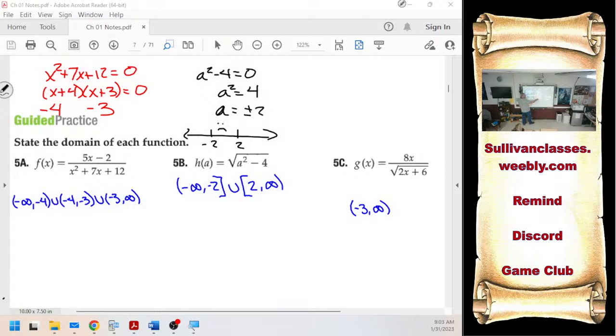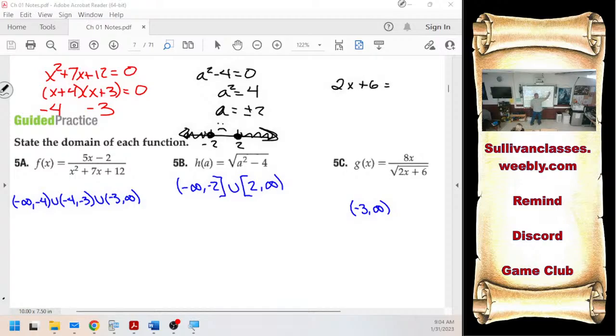If I plug plus or minus 2 themselves in, it does work. I can take square root of 0. So those are going to be closed circles, and it's everything outside of them. That's why my union doesn't include the space from -2 to 2. Don't assume that happens. And then 5C, you got to mix and match.